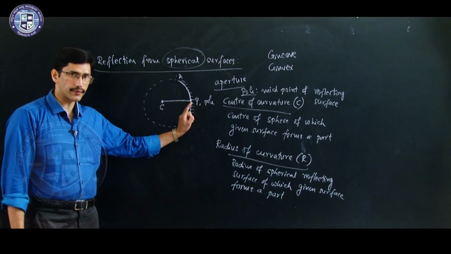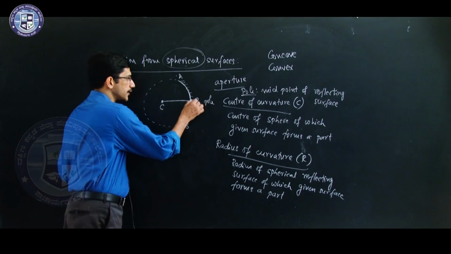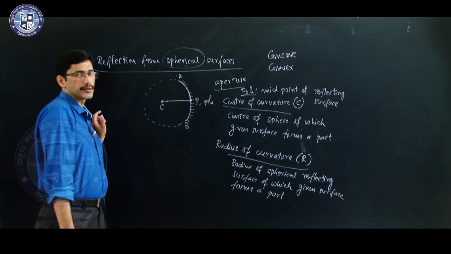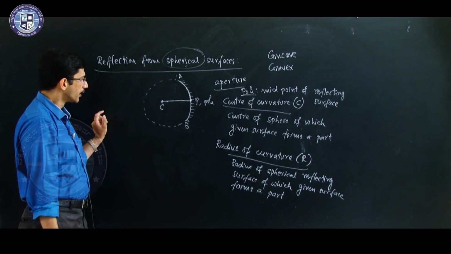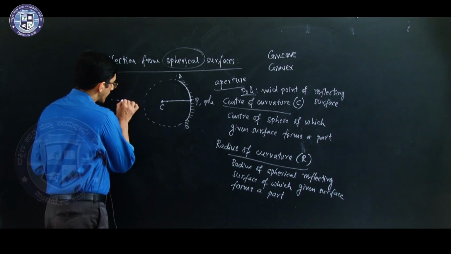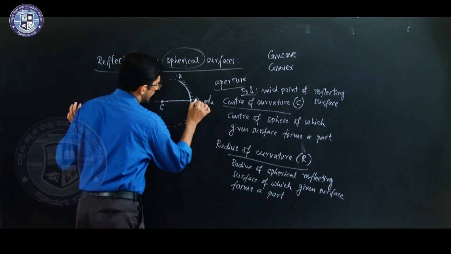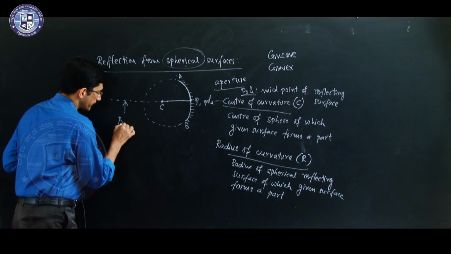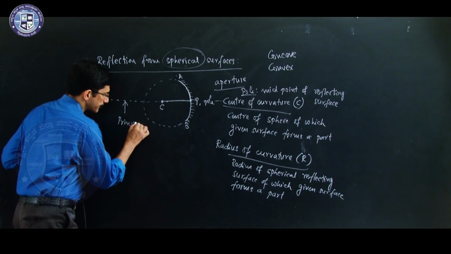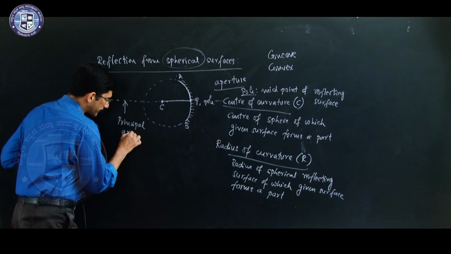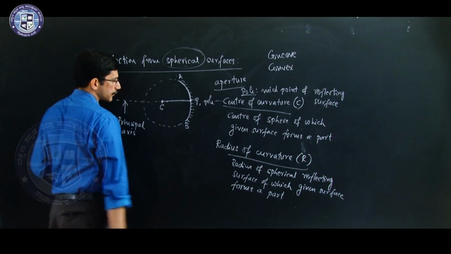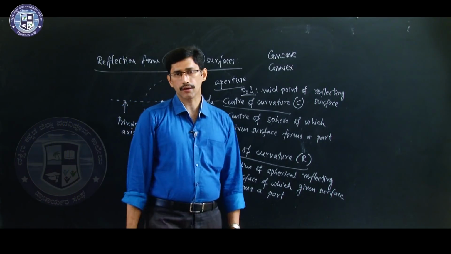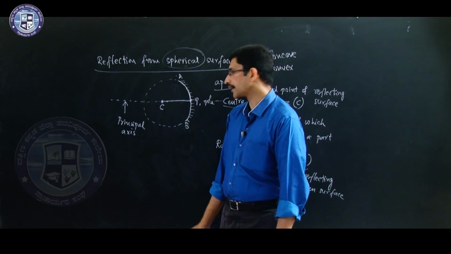The radius of curvature is the distance from the pole to the center of curvature. A straight line passing through the pole and the center of curvature is called the principal axis.